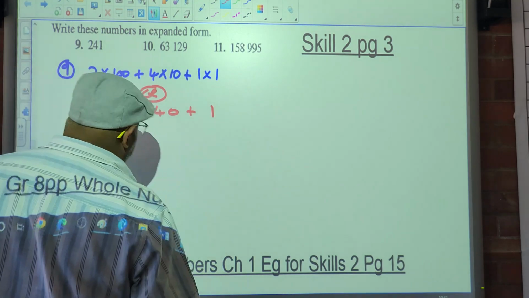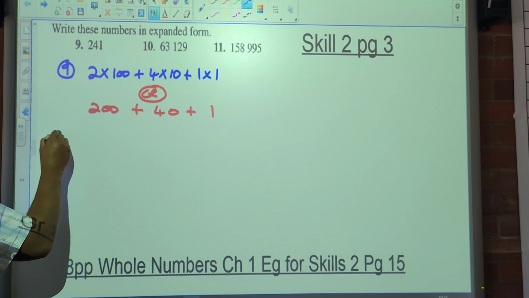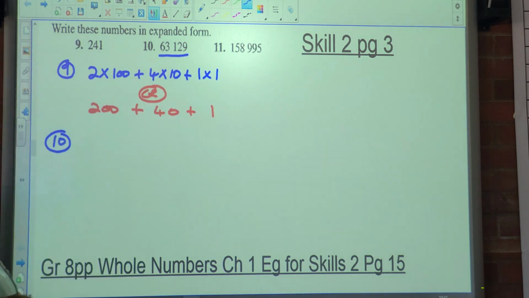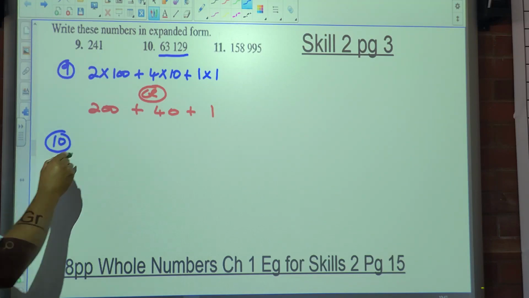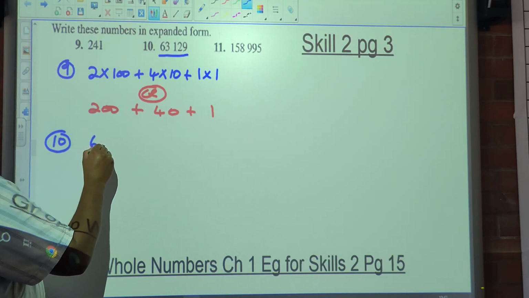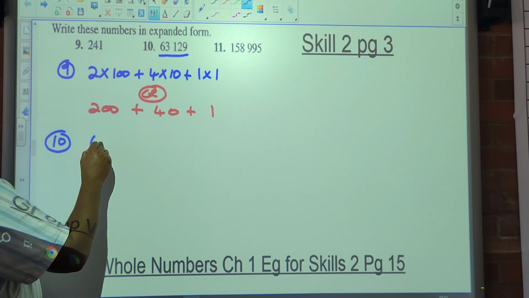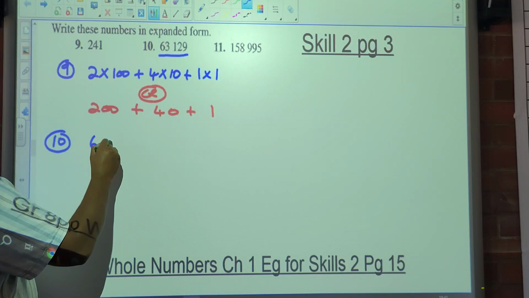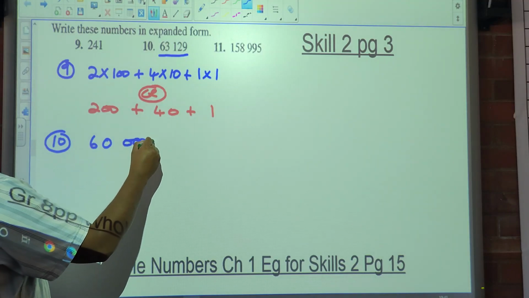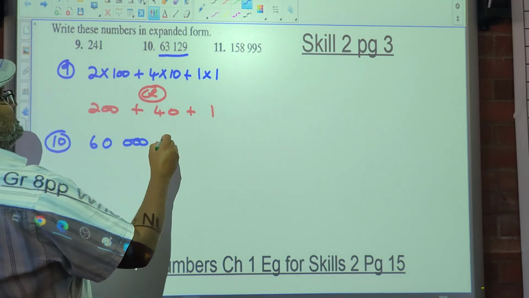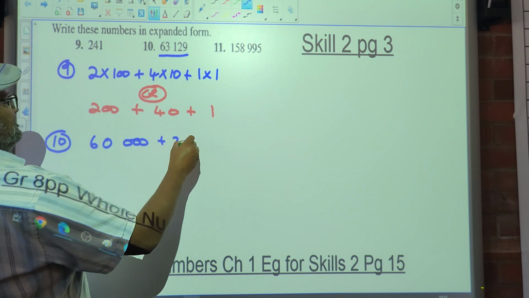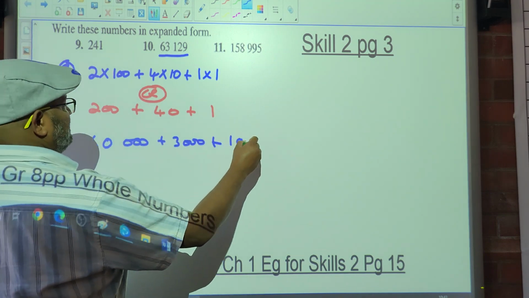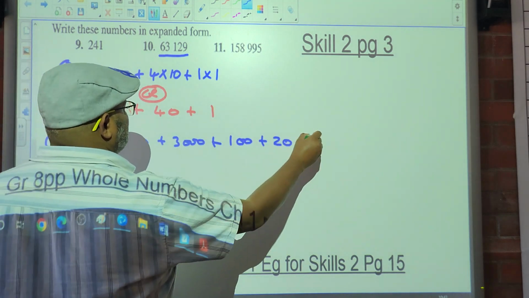So what should number 10 be? What is that number? 63,129. So what would this be? 60,000, sorry, 63,000. Okay, so let's write it the way you are familiar with first. So it's 60,000 plus 3,000 plus 100 plus 20 plus 9.